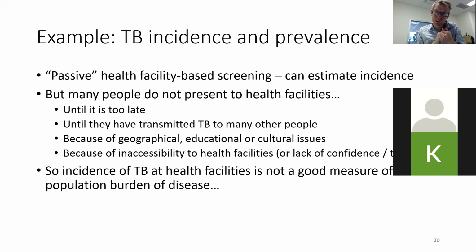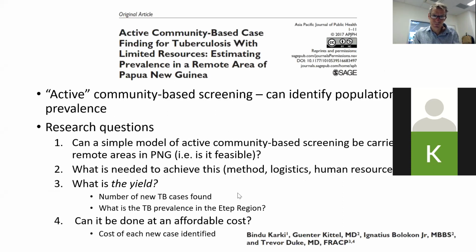Many people present only when it's late or when they've transmitted TB to other people. Sometimes they don't present because of geographical or cultural or educational issues or inaccessibility to health facilities. What that means is that often the prevalence is much higher than the incidence. The incidence is the new cases, and the prevalence is how much TB is in the community. So incidence of TB at health facilities, we measure it all the time, but it's not a very good measure of the population burden of disease, right?